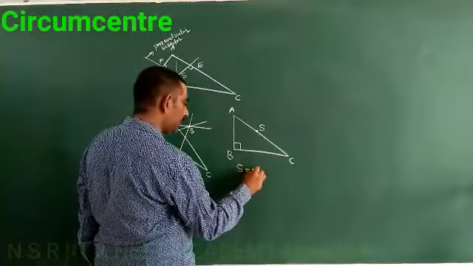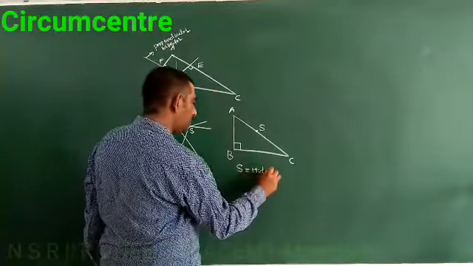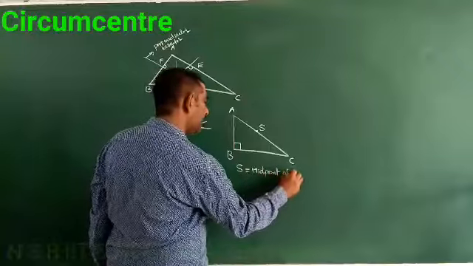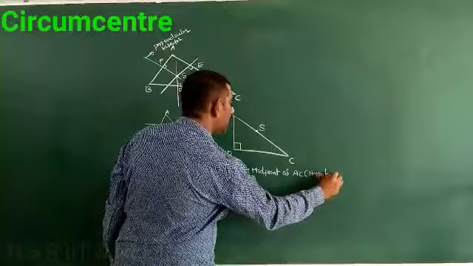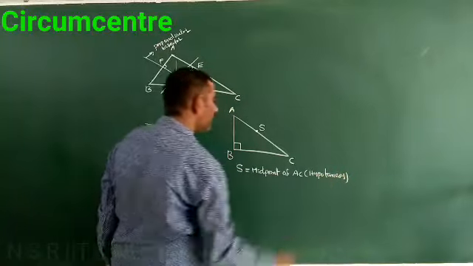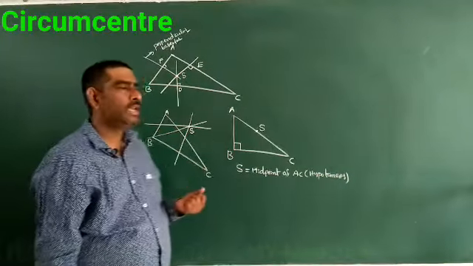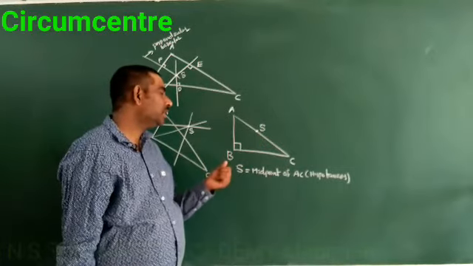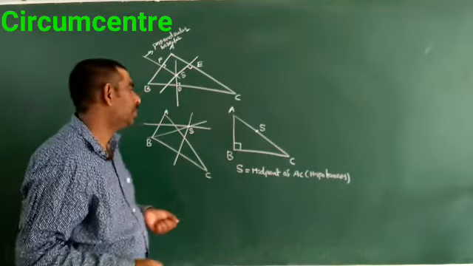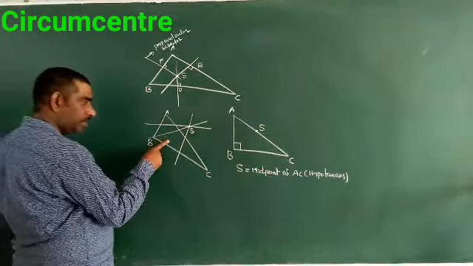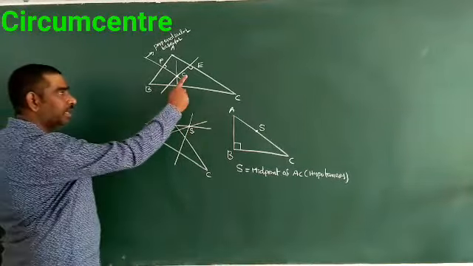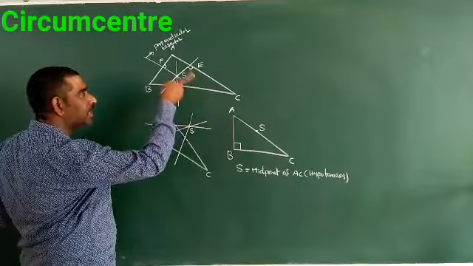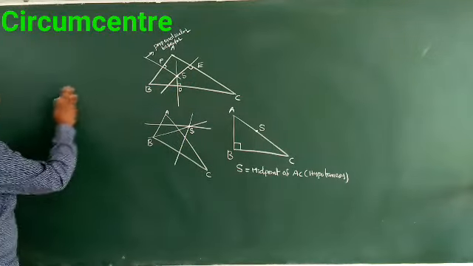S is equal to the midpoint of AC, where AC is the hypotenuse. So in a right angle triangle, the circumcenter is the midpoint of the hypotenuse. In an obtuse triangle, the circumcenter lies outside the triangle. In an acute triangle, the circumcenter lies inside the triangle.